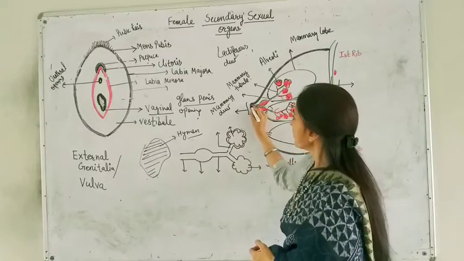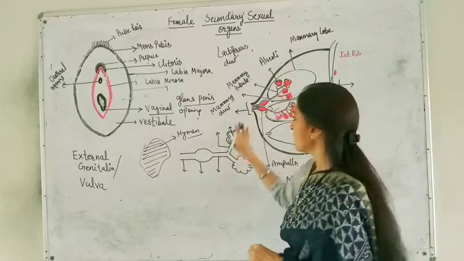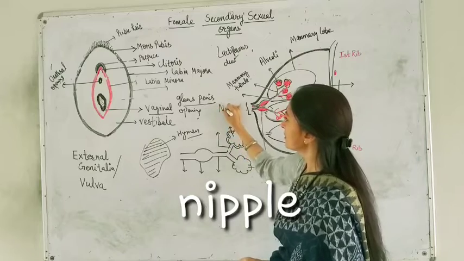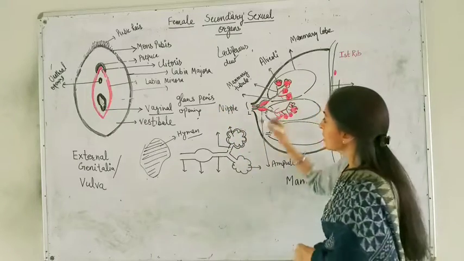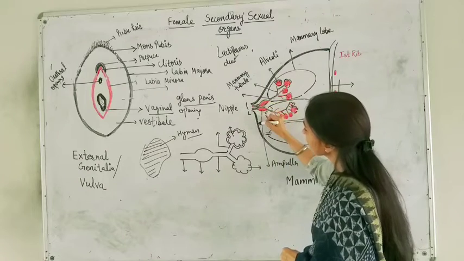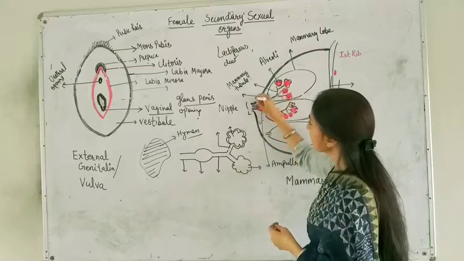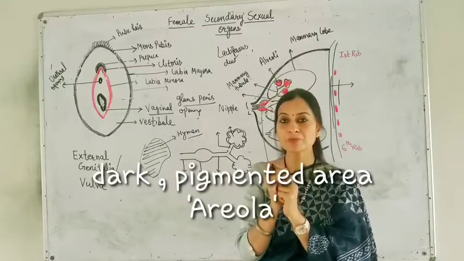The area where these lactiferous ducts have their opening is known as the nipple. This is the nipple area. If you view from outside, externally it has a dark pigmented area where the nipple is present.